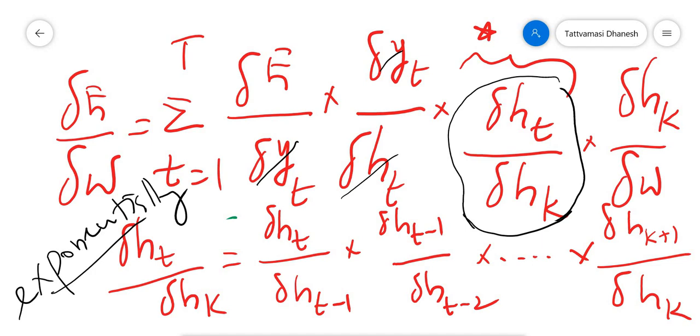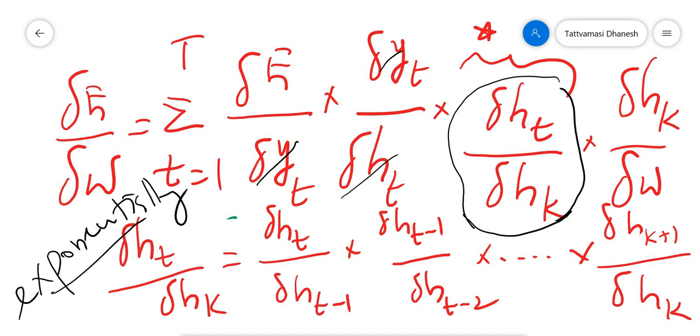This is one of the reasons for the vanishing and exploding gradient in recurrent neural network that we will discuss in the coming section. So this is the backpropagation through time. Next, we are going to discuss vanishing and exploding gradient. You try to understand these equations.